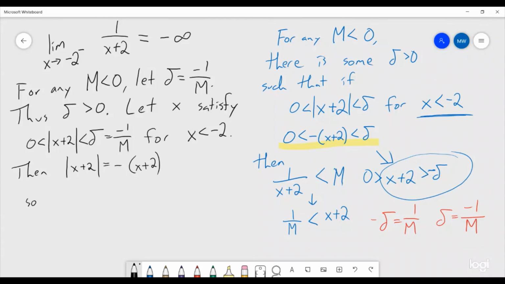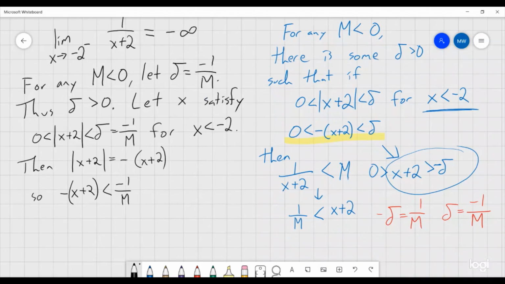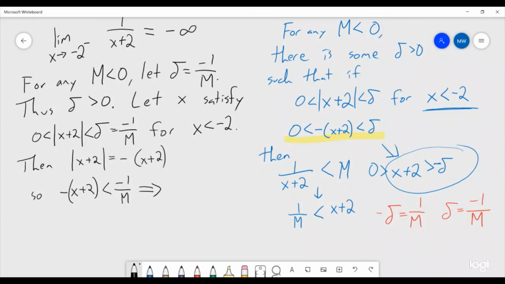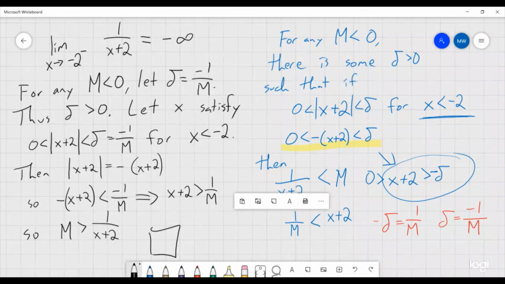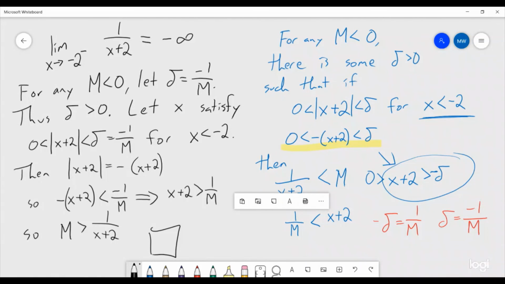So we have negative (x plus 2) is less than negative 1 over M. That means that x plus 2 is greater than 1 over M. So M is greater than 1 over x plus 2, which is precisely what we needed to show. So that means that the limit as x goes to negative 2 from the left of 1 over x plus 2 is equal to negative infinity.